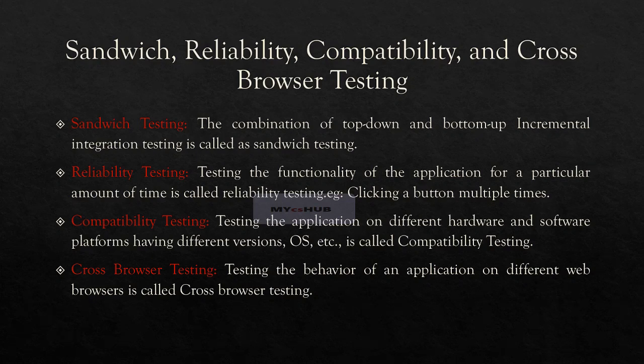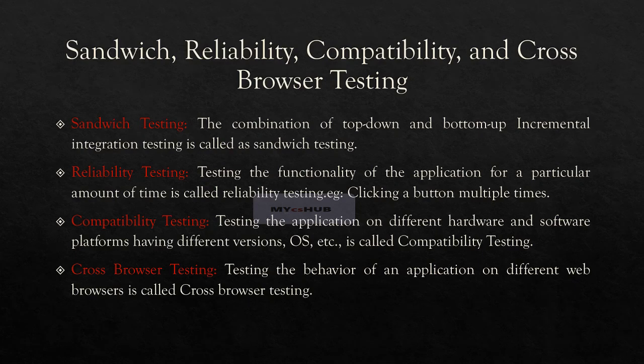In compatibility testing, we generally test the application on different versions. Let's say we have to test an Android application. That particular application we will test on Android 12, Android 11 and the lower versions like Android 8 and 6. So these are the versions.